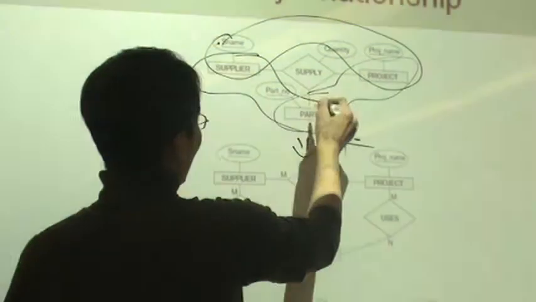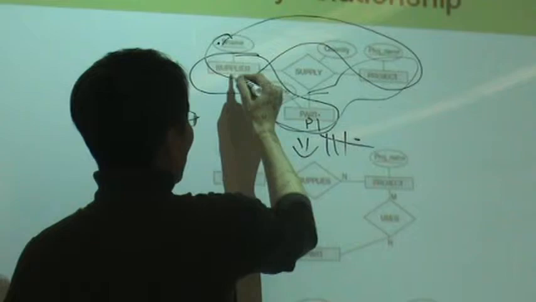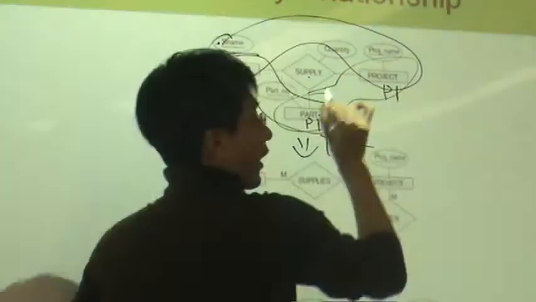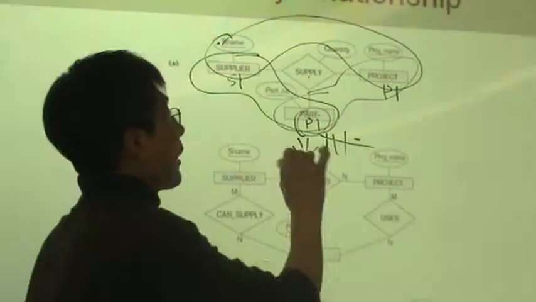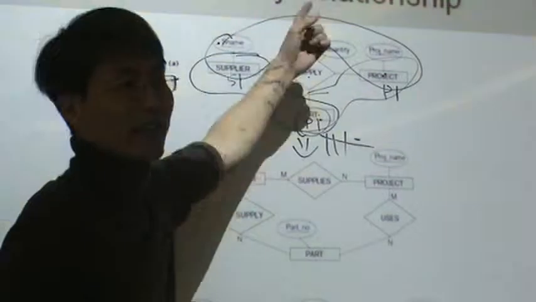For example, we have a part. Okay, part 1. Supplier 1 supplies part 1 to project 1. That's the example. So you should have only the part that can be used for the project in this case. However, what about this? You may have a bunch of parts, right?